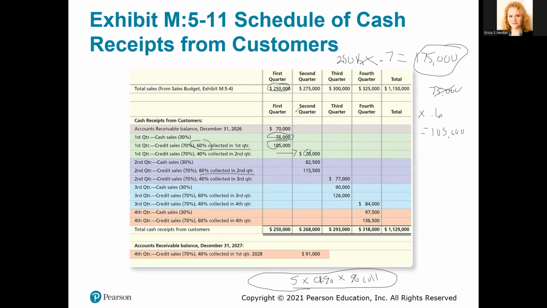Now, in this second quarter here, we're collecting this money that was from sales in the previous quarter. And then these are the cash sales and the 60% of credit sales from this quarter. And then the remaining 40% from that quarter are in the next quarter. So same thing, each quarter, 40% of their credit sales get delayed until the next quarter, right?